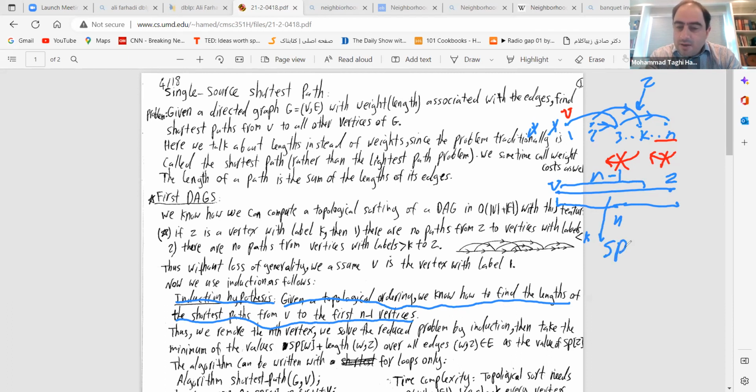So SP of a vertex, say W, means the shortest path from V to W. Good. So essentially for the first n-1 vertices, we have it. Now we want to find SP of Z.